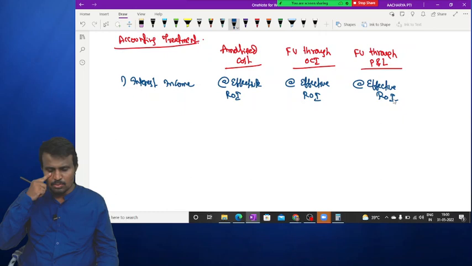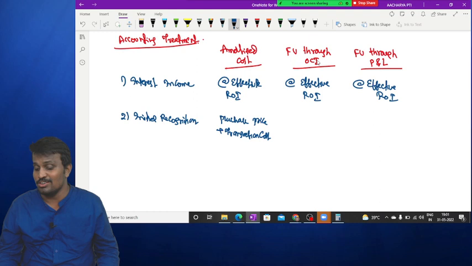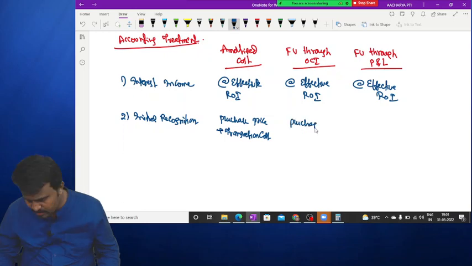Remember, the transaction cost is required to be capitalized in case of amortized cost and fair value through OCI. But the transaction cost is required to be expensed in case of fair value through P&L. So in case of fair value through OCI, here also purchase price plus transaction cost. Here, at purchase price only, you have to recognize at what?